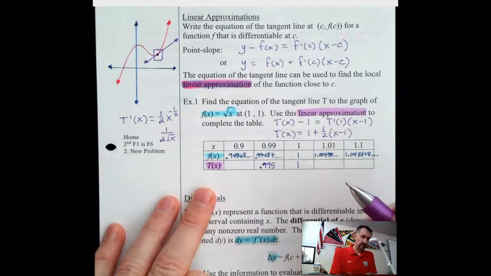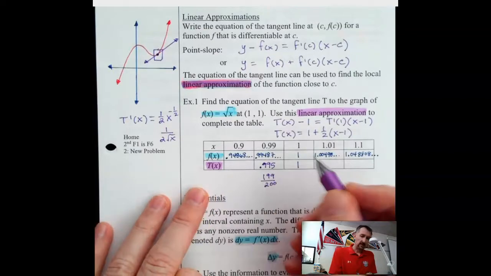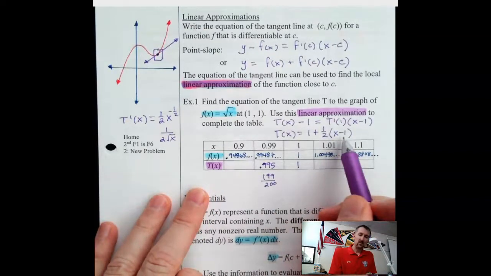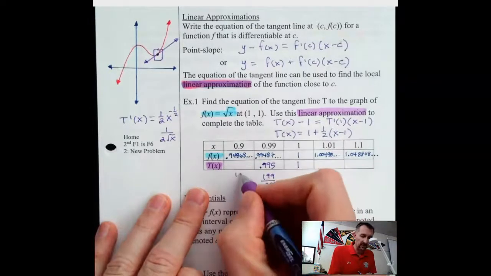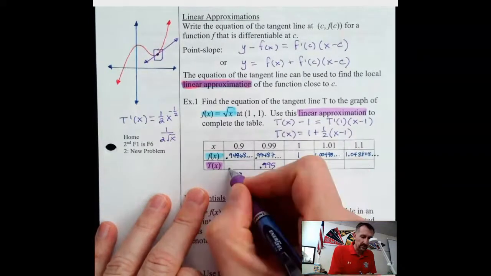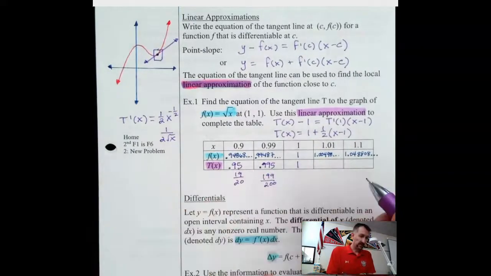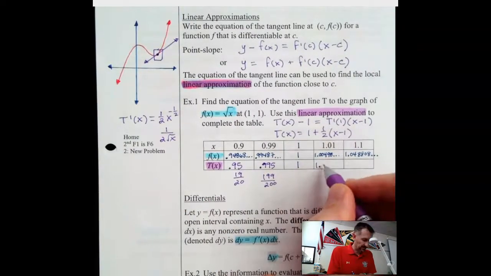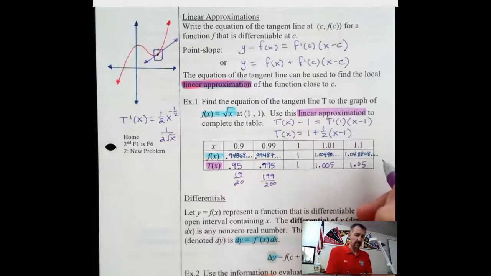Okay, it would be 199 over 200. And if we plug in 0.9, that would be negative 0.1, which is negative 1/10, which is negative 1/20th. So that would be 19 over 20, which is 0.95. And if we similarly think about it on the other side over here, we would have those.